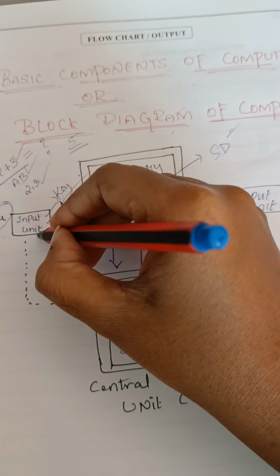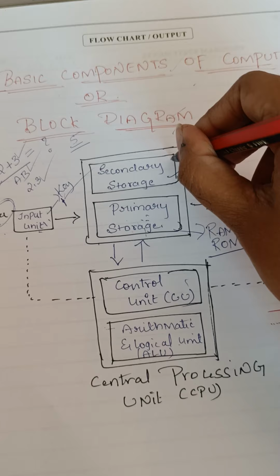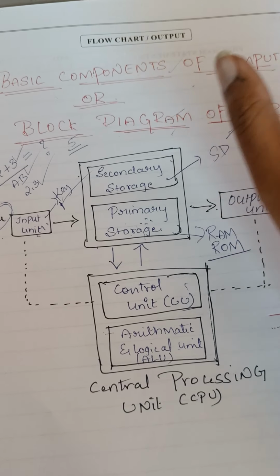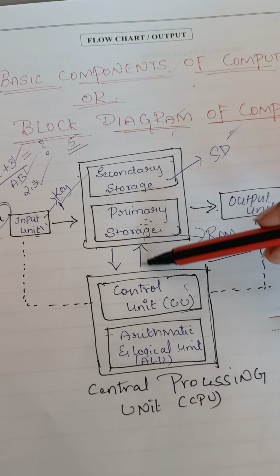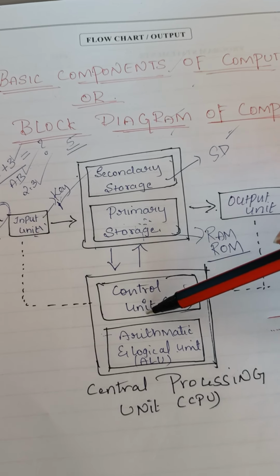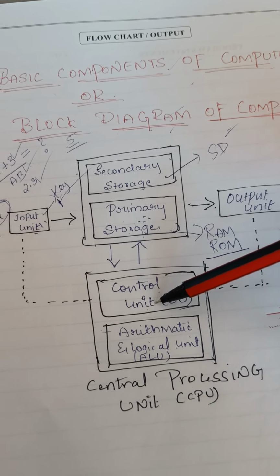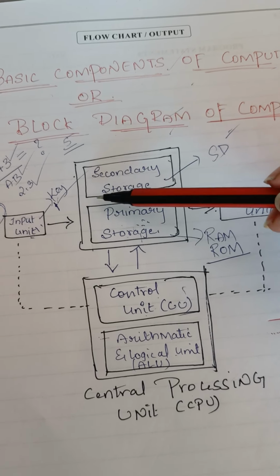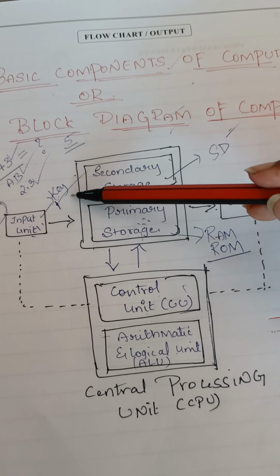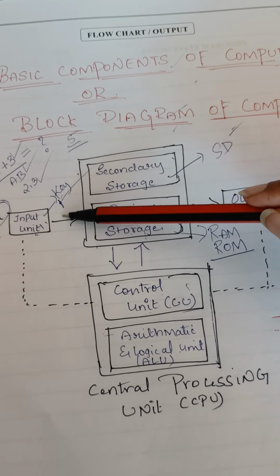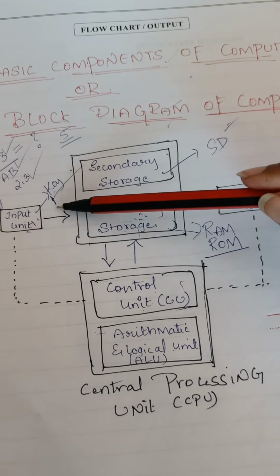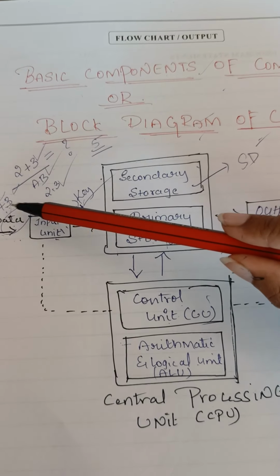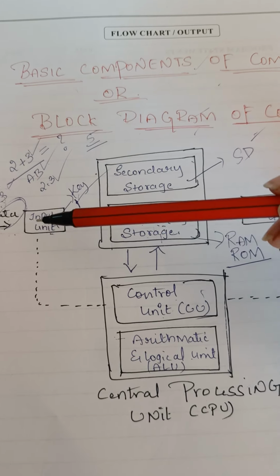Whatever data the user gives should be stored first in secondary or primary storage. After that, it comes to the control unit. Control unit means it controls all the components of the computer. For example, your input is in arithmetic form, that means 2 plus 3, your data in the form of addition.